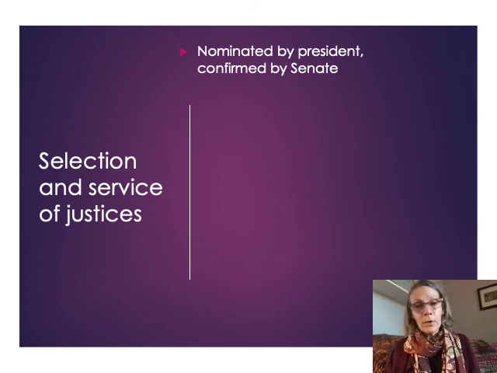For example, Associate Justice Ruth Bader Ginsburg died last year in September of 2020. And because it was a vacancy due to death, President Trump nominated Amy Coney Barrett to replace Ruth Bader Ginsburg. And she was confirmed, obviously, by the Senate.